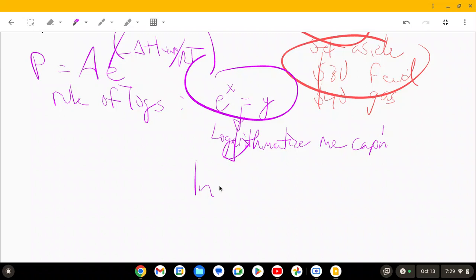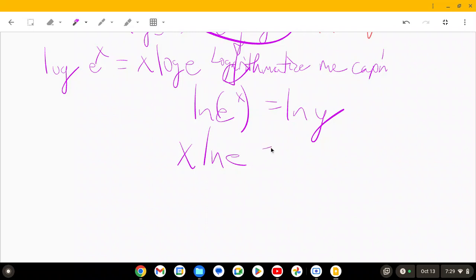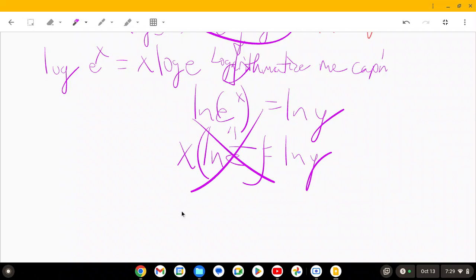You take the natural log of e to the x in parentheses, equals natural log of y. But another rule of log: log of e to the x equals x log e. So we pull that out, x natural log e equals ln y, but this is 1 by definition. So x equals natural log of y.